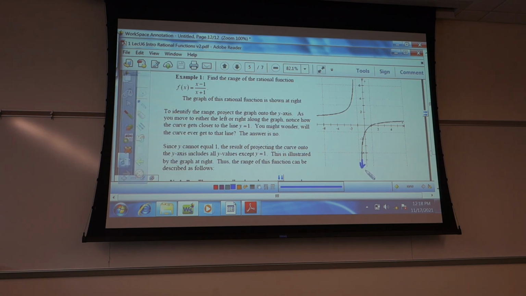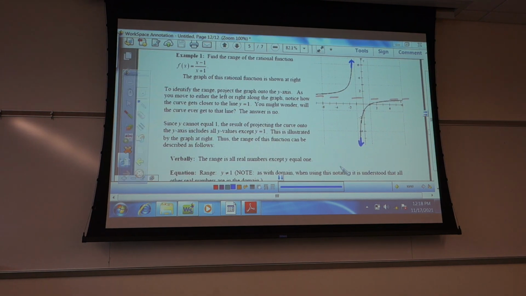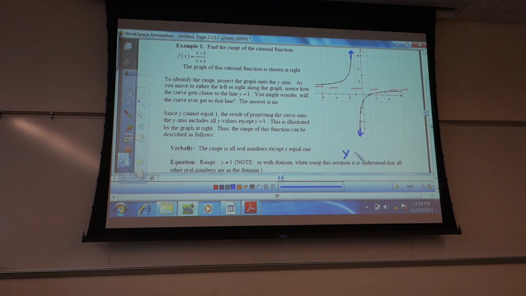Negative infinity. What's the highest it goes? Infinity, but what can it not equal? What can my y, my height, never equal? Oh, 1. So here, the range is y cannot equal 1.